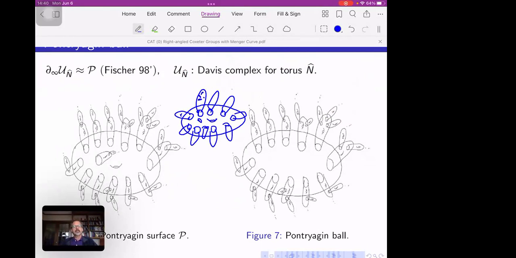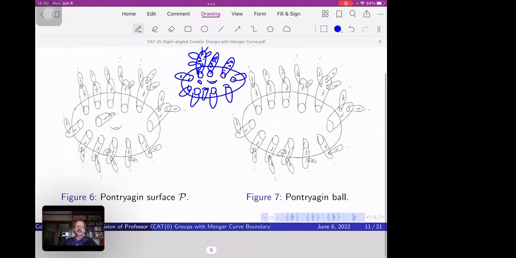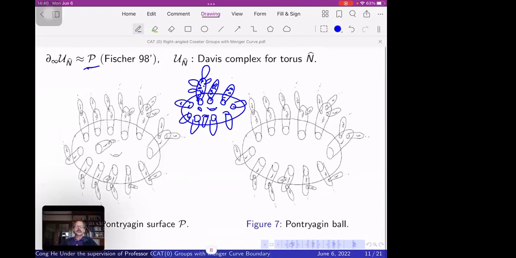And you remove a sequence of balls for each torus and glue a torus. The resulting space is a Pontryagin surface. We use this UP to represent the Pontryagin surface. And for the Pontryagin ball, you can start from a ball, remove a lot of balls and glue a lot of tori. Then you get the Pontryagin ball. This is the process to build the Pontryagin surface and Pontryagin ball.